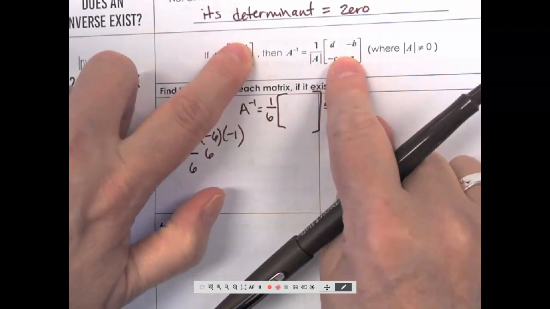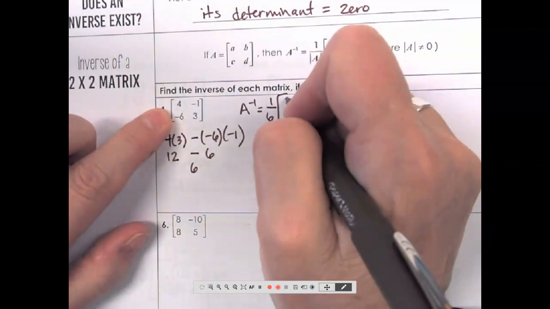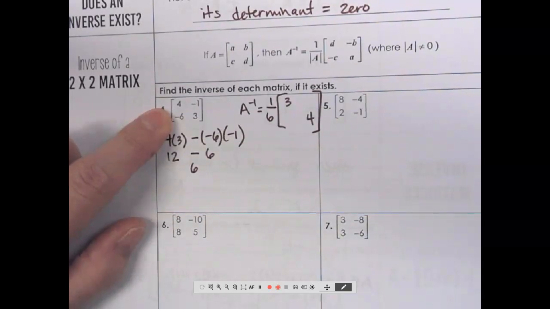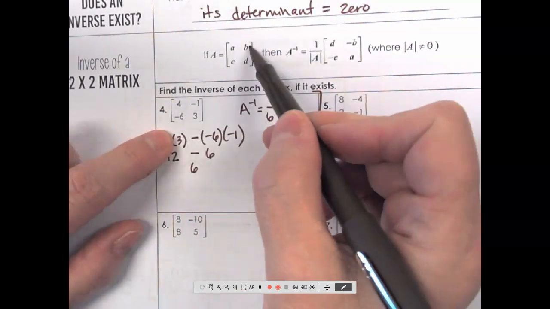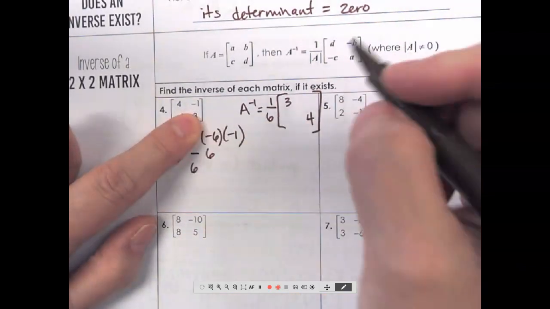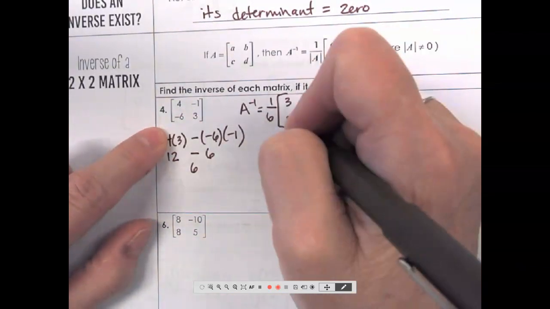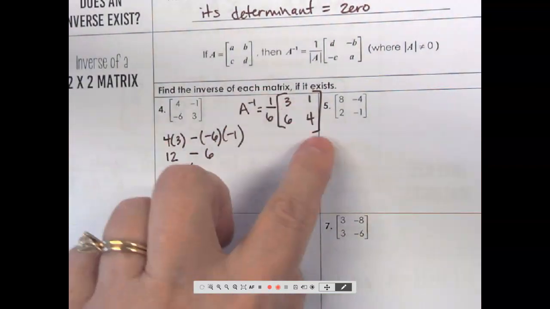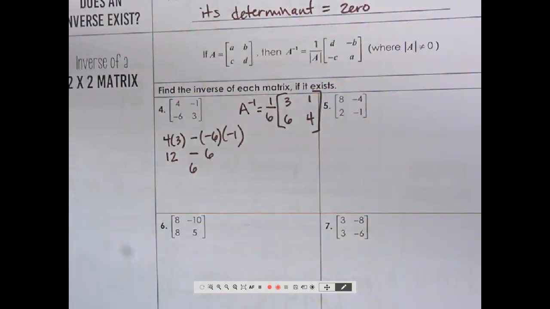A and D switch places. 3 and 4 switch places. These other two numbers here, I'm going to negate them. If this is already a negative, it becomes positive, and same for that one. Switch those two places, negate the other two.